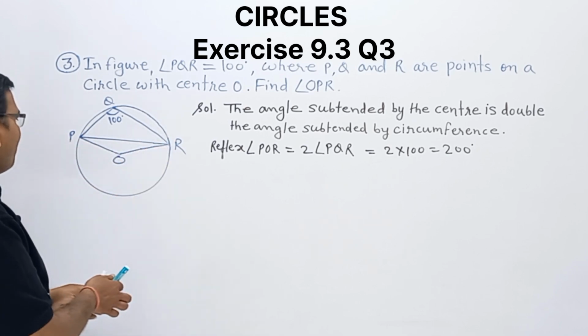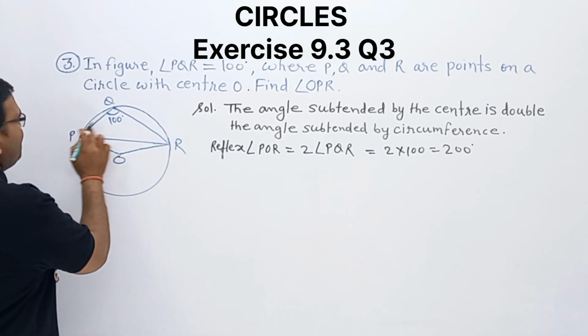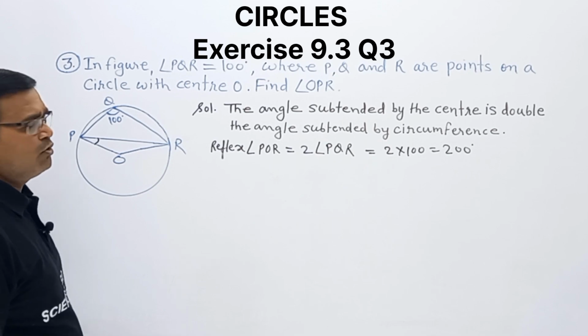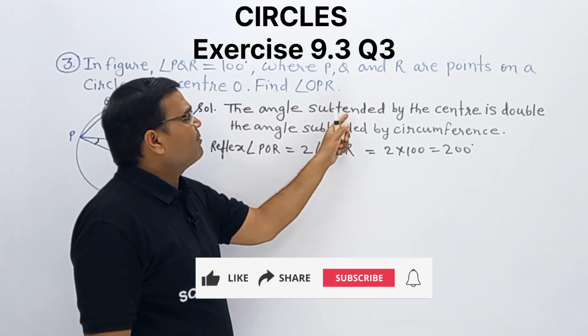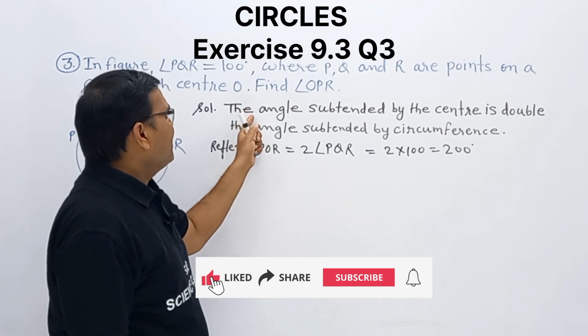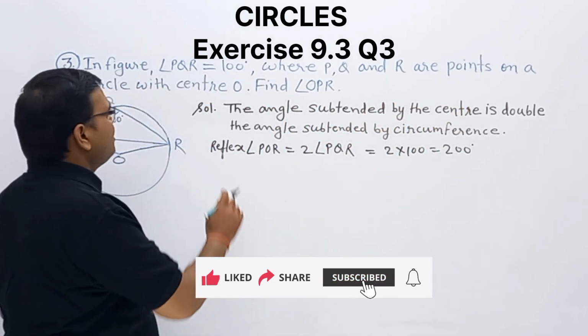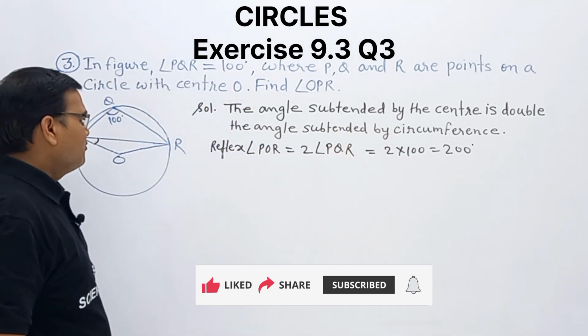OPR, we want to find this angle. Clear? One theorem we are having: the angle subtended by the center is double the angle subtended by the circumference.